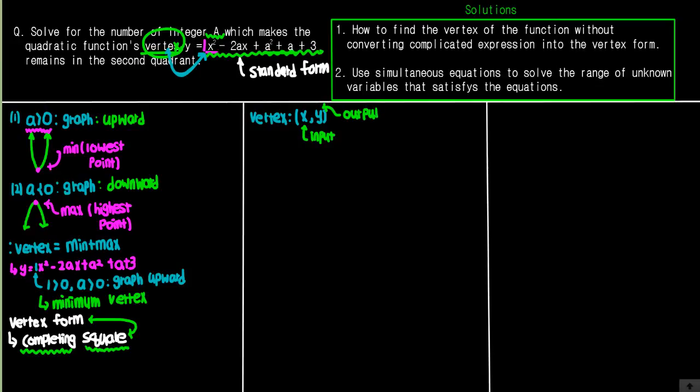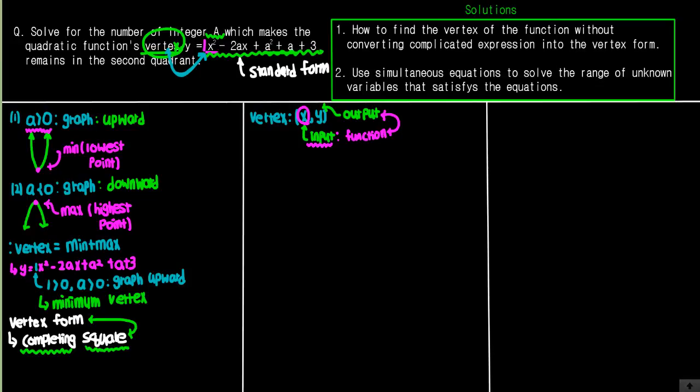Which means if you know the input, which is our x value, we can just put it into our function. According to the equation, it will form an output, which is the y value. So let's think about the ways to solve for this x value of our vertex.